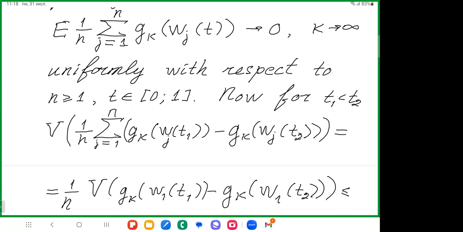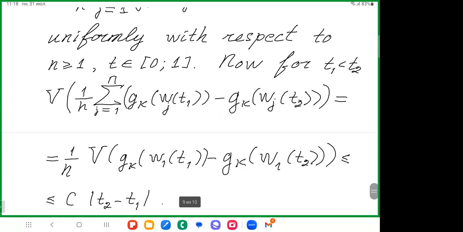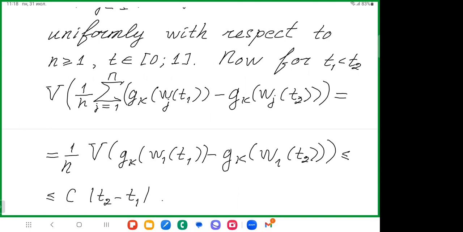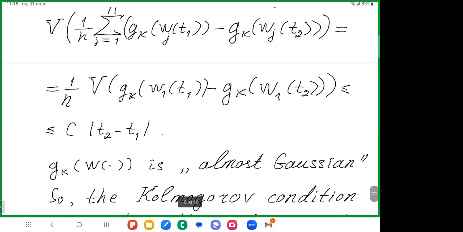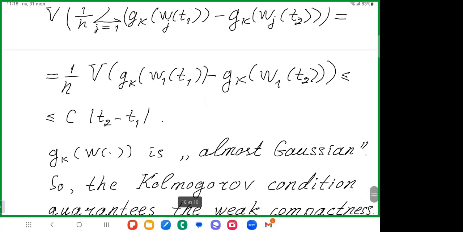So we have just one such variance, and it can be, due to the Cauchy inequality, estimated like t2 minus t1 with some constant. What does it mean? Using almost Gaussianity of jkw, we can use the Kolmogorov criterion, and we get condition 2.